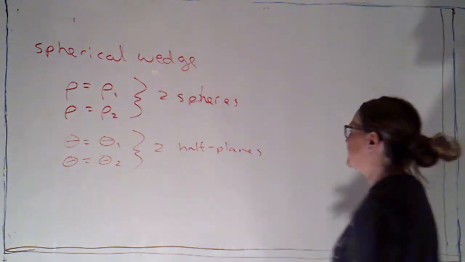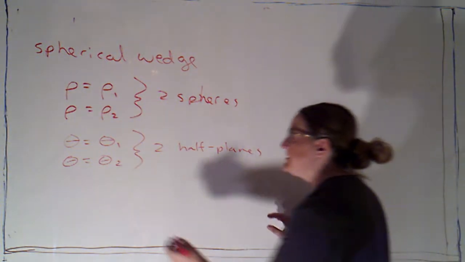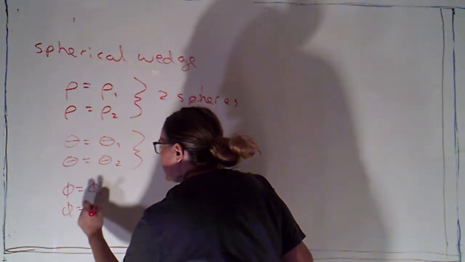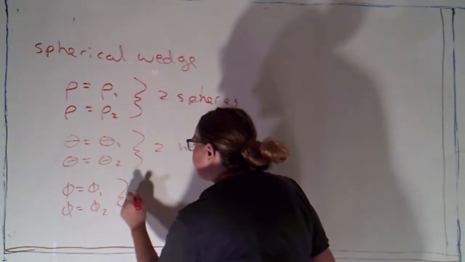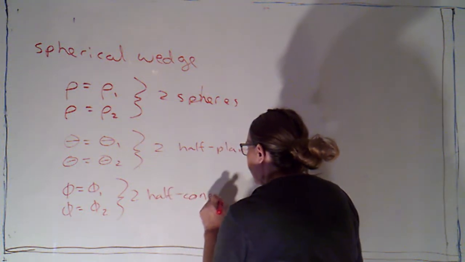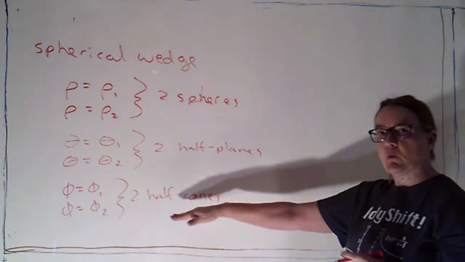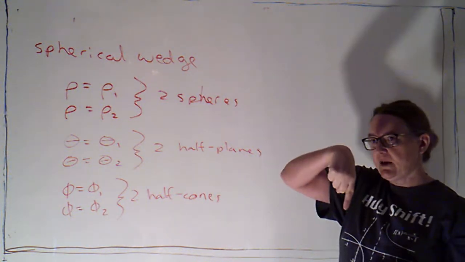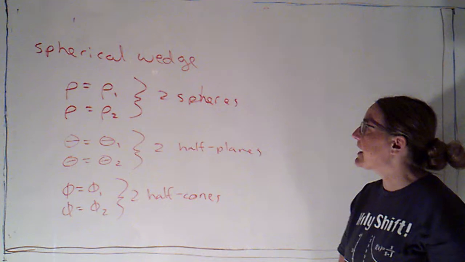So our region is also going to be in between two half planes. And then we'll have phi equals phi 1 and phi equals phi 2. So we'll have two half cones, including the possibility that one or more of those is a degenerate cone, either just a single ray or the entire xy plane.